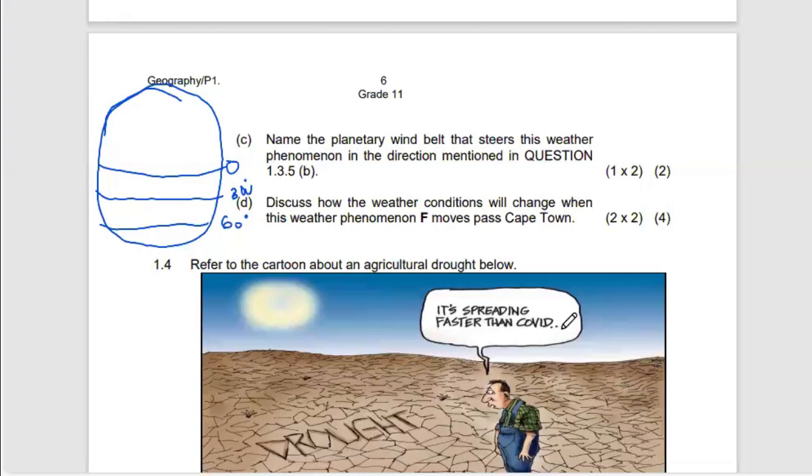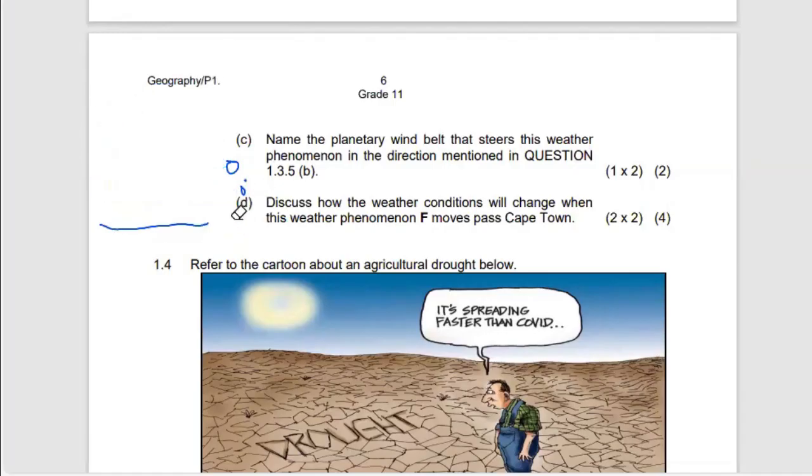Let me just make a clear illustration so that it becomes very clear for the interest of those who might also want to use the information. We are referring back to the global model of air circulation. We want to show the belt of planetary winds responsible for the drive of the mid-latitude cyclone.